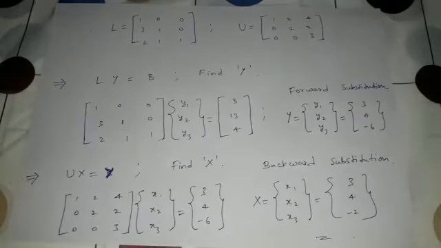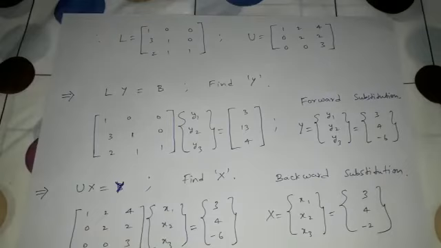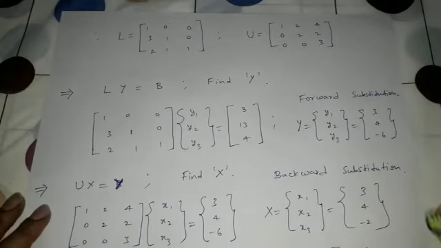That's why the LU decomposition method is the fastest method. If you note, nowhere did we do row transformations. We just did multiplication of matrices, compared the corresponding elements to find the unknowns, and then did forward and backward substitution. All the steps are very simple.